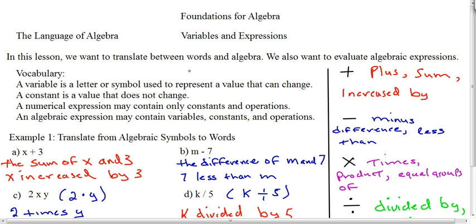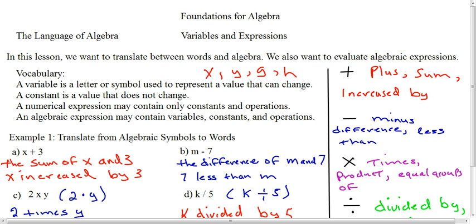A good example of a variable could be x, or we can use y, or g, or as you get along a little bit further, h. So these are variables, and they're used to represent a value that can change.